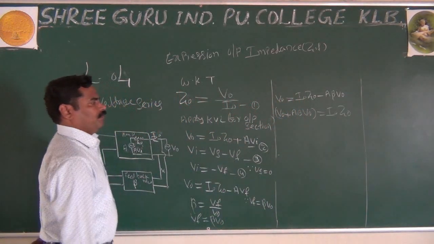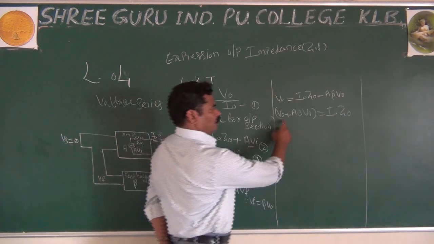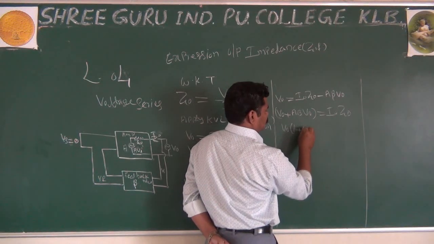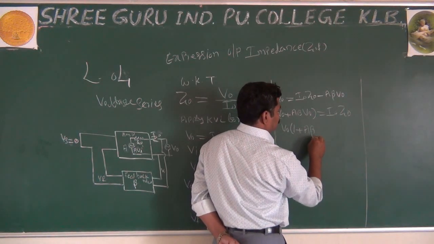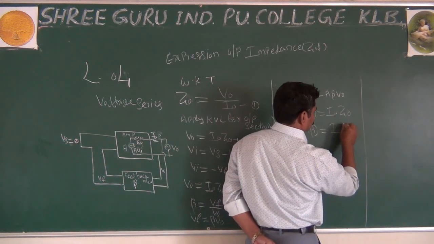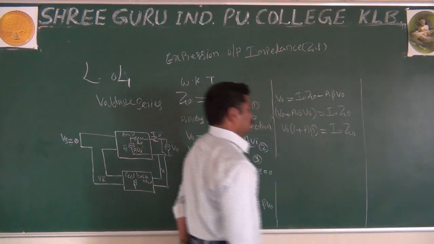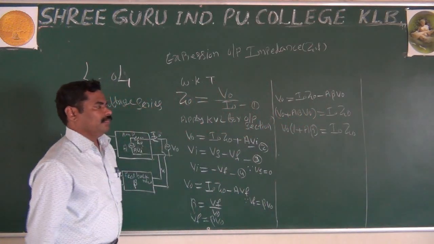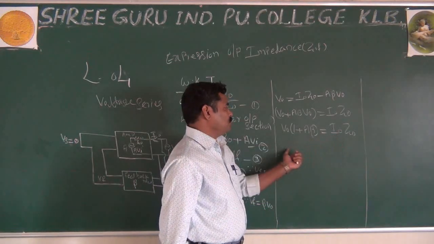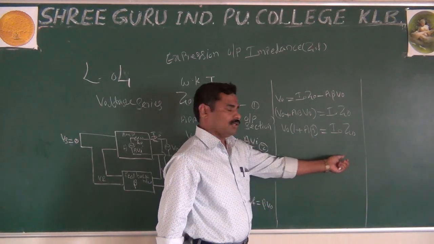Then here you take V naught common, that becomes 1 plus A beta, equal to I naught Z naught. Then this 1 plus A beta divides here.